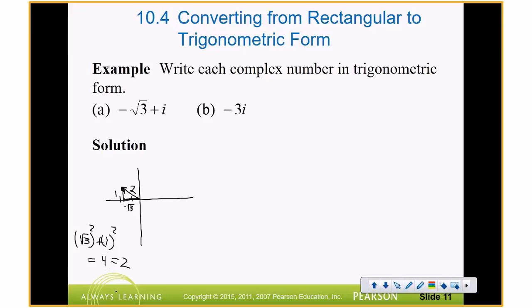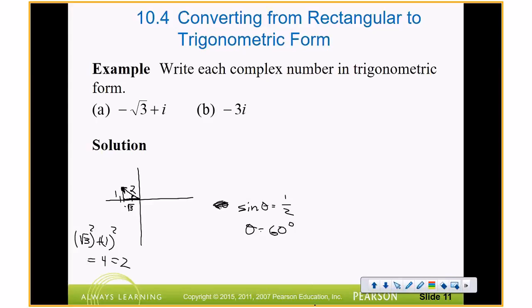Now, what is the angle? Sine of theta is equal to 1/2.